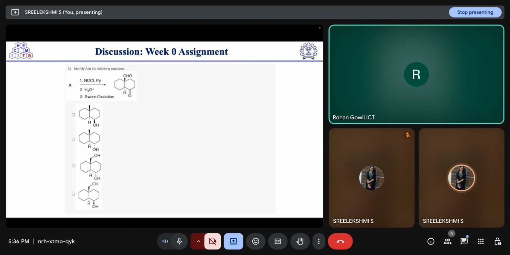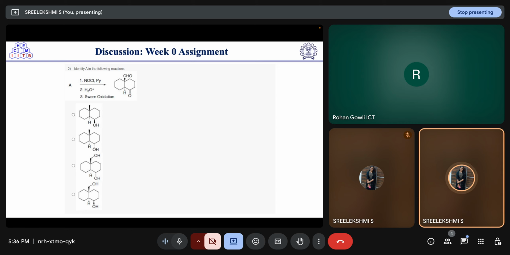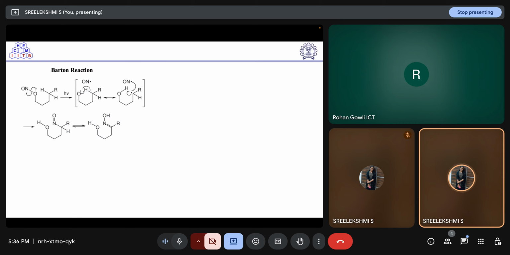M.Tech. Okay. So this is the Barton reaction. When we treat an alcohol with NOCl and some base, here pyridine, it will form this ONO kind of derivative. Then when we expose it to light, the O-NO bond will undergo homolytic cleavage to form an O radical and an NO radical.